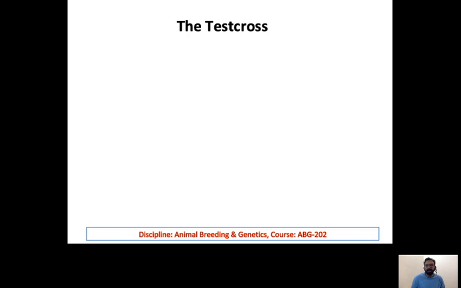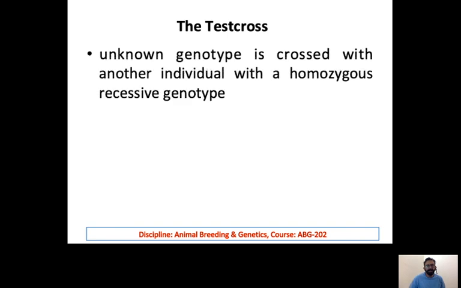Test cross basically is the exploration of an unknown genotype, whether it is heterozygous or homozygous dominant. Because we know that in case of complete dominance, even in the heterozygous, there is only one phenotypic form, that of the dominant allele.